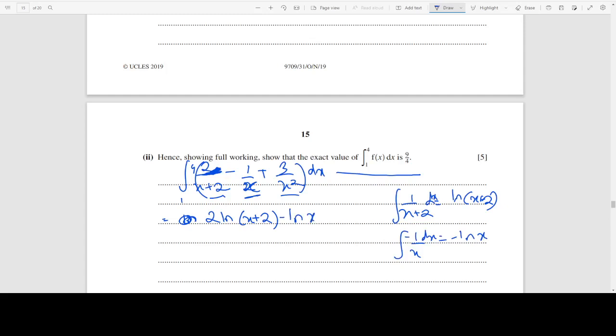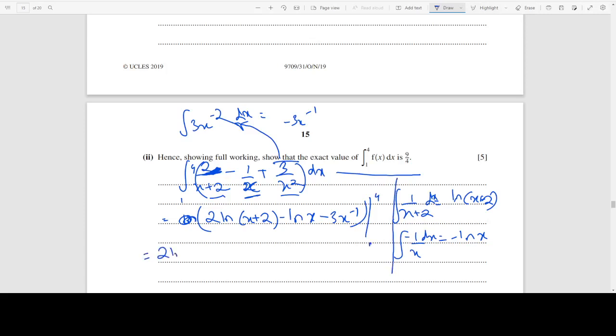And this is just the integral of 3x raised to minus 2, which is minus 3x raised to minus 1, correct? And the limits are from 1 to 4.